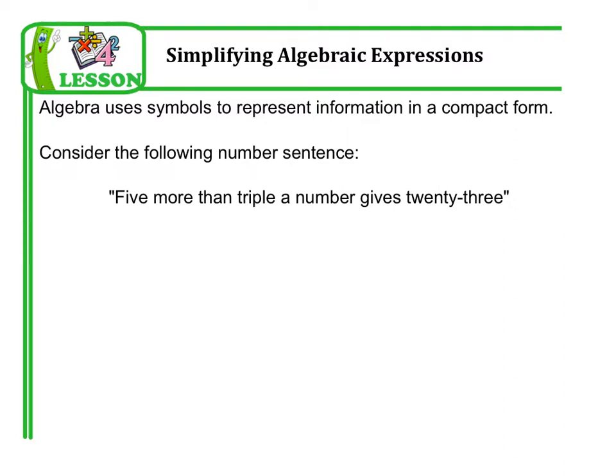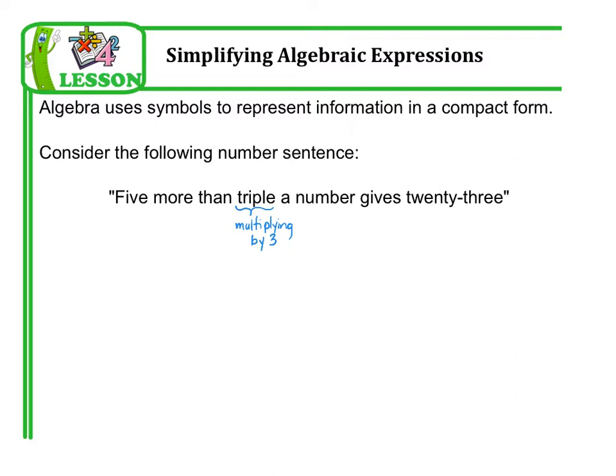Let's start off with this word triple. What mathematical operation could you do to triple a number? To me, tripling a number is the same as multiplying it by 3. Okay, so that's an important word in this.